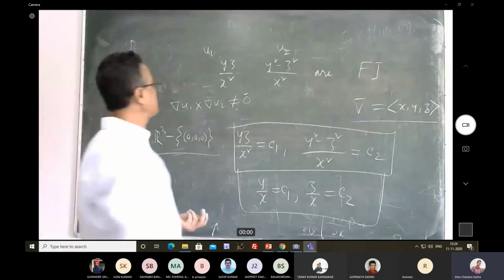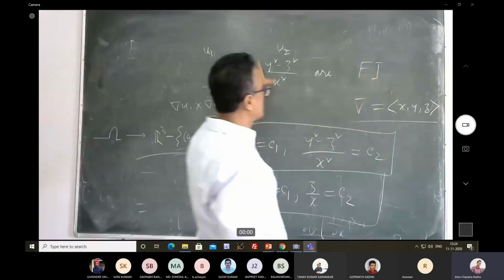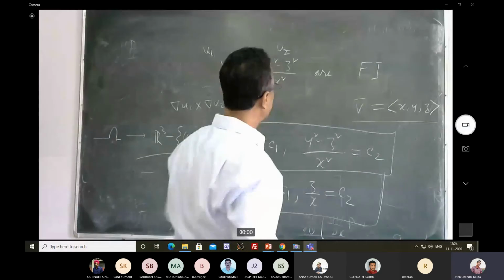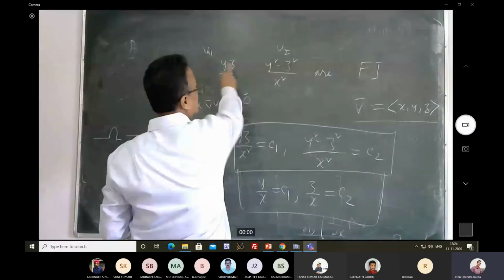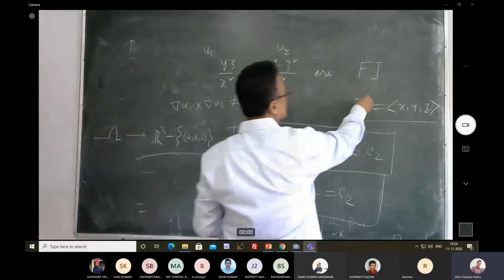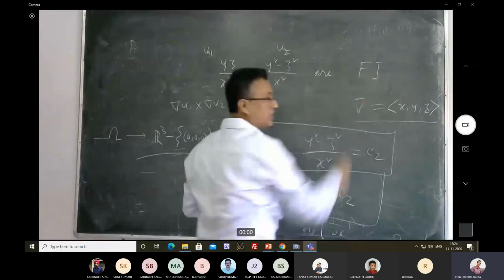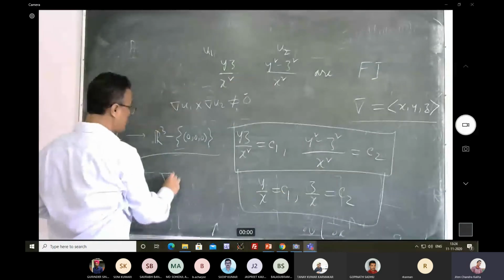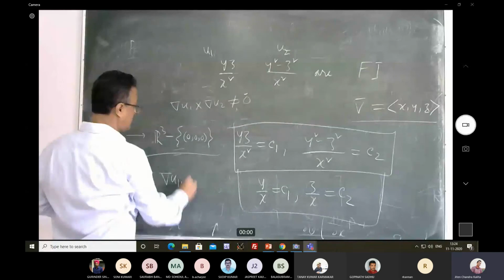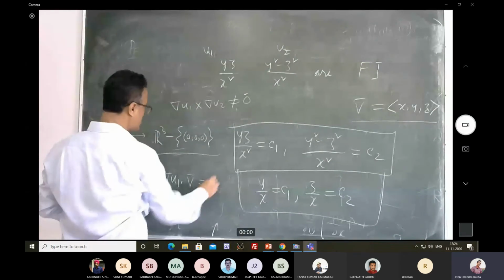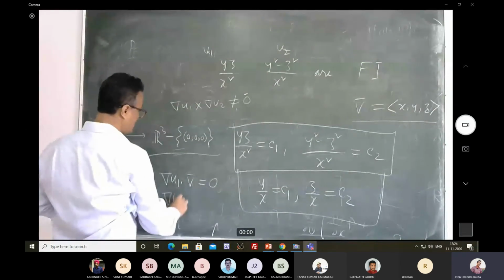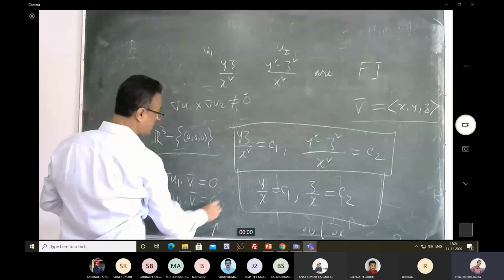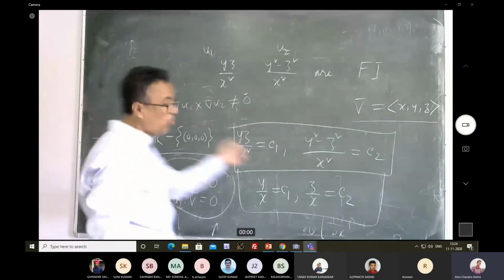Then you have to prove that both of them are first integrals of V. That you can easily prove. You simply do grad u1 dot V, which is equal to 0. Similarly, grad u2 dot V is also equal to 0.